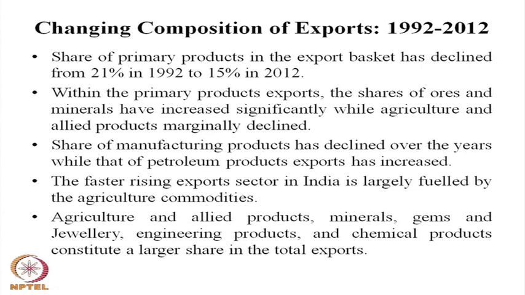The export sector developed after the economic liberalization, however primary products still constitute nearly 20% of our export sector, and this needs to be looked into because we want more value addition in export revenue. Only value addition gives a good amount of revenue to Indian exports. It is essential that manufacturing and services sector exports should be more in the export basket rather than raw materials and minerals.